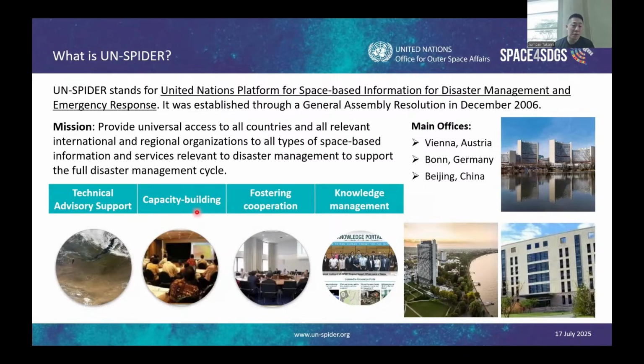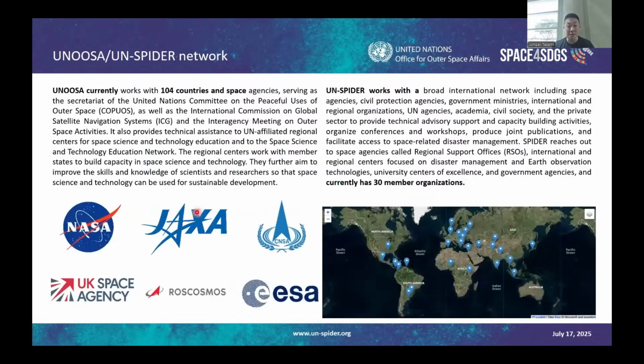The mission is to provide universal access for all countries and all relevant international and regional organizations to all types of space-based information and services related to disaster management, to support the full disaster management cycle. We do four components: technical advisory support, capacity building, fostering cooperation, and knowledge management.